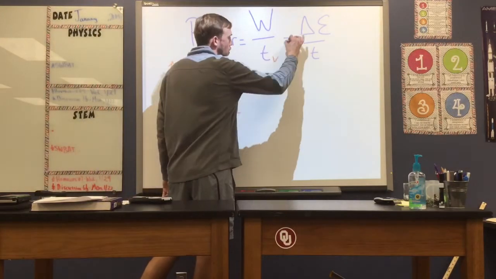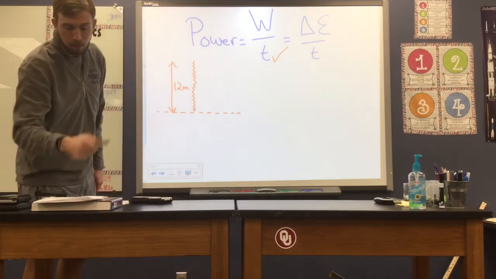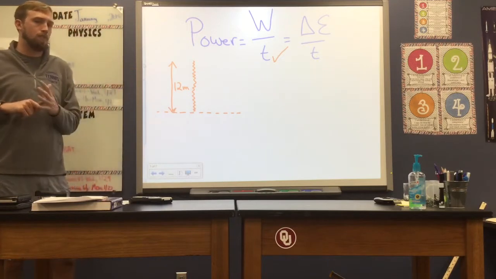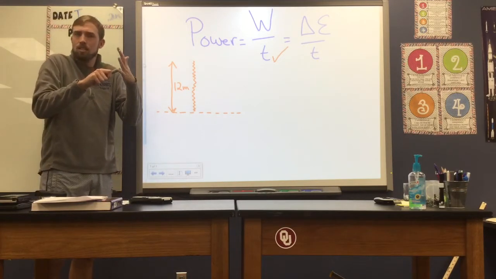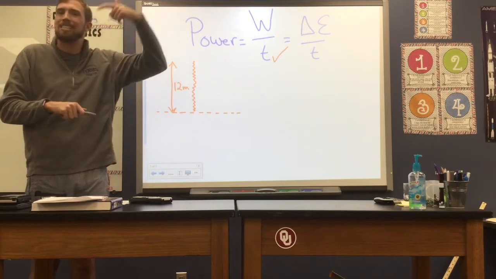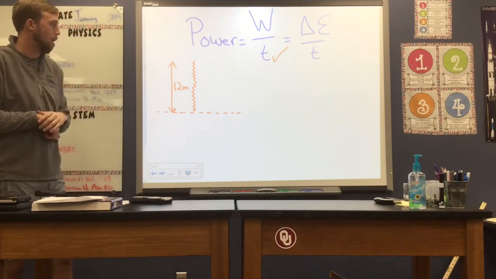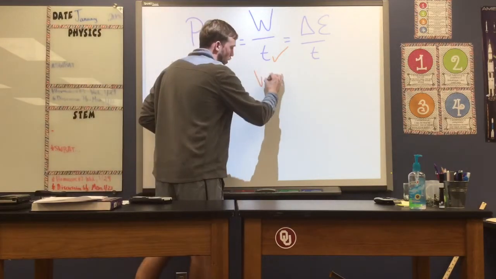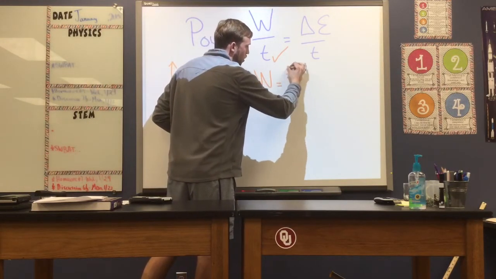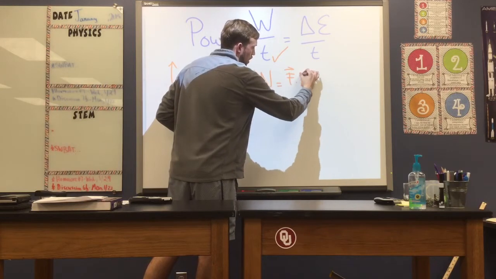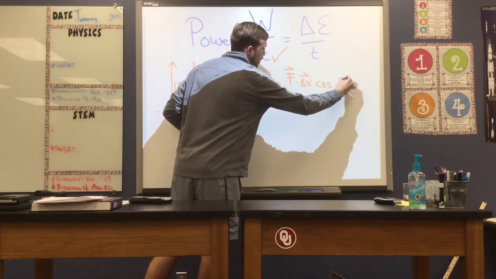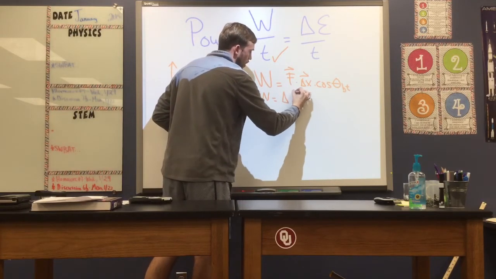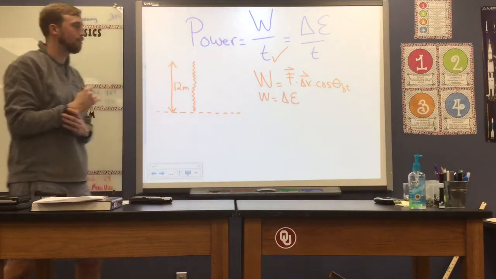How much work is done and how long it takes to do that work. We're given a time value directly in our problem statement: 17 seconds. But we don't necessarily know how much work is being done. We know the student's weight, but we don't know how much work is done to get him from bottom to top. There are a couple of ways we can approach work. Work is force, displacement, cosine of the angle between them, or work is equal to a change in energy.